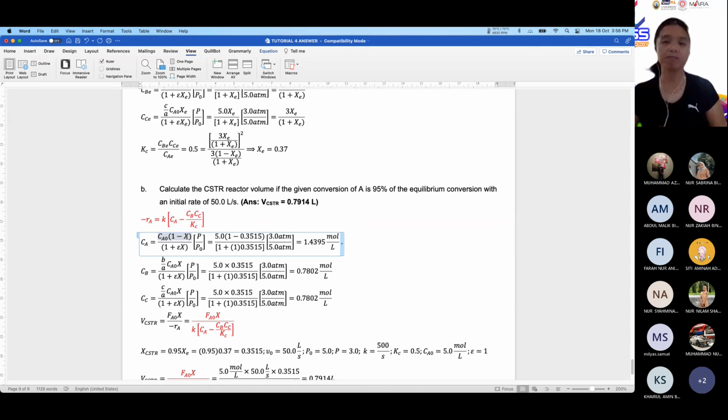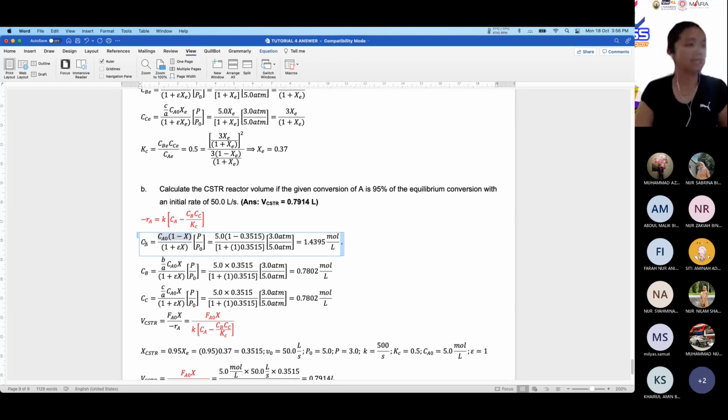Again, when we design a reactor, we do not use equilibrium concentrations. We use the concentrations at the conversion of our reactor, which we must know. In this case, the conversion is 0.3515. The other parts, like P over P naught, remain the same.